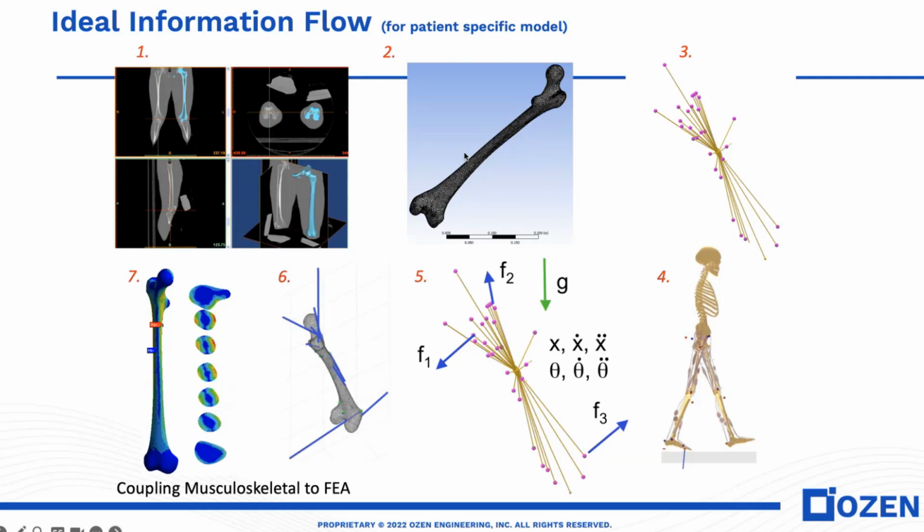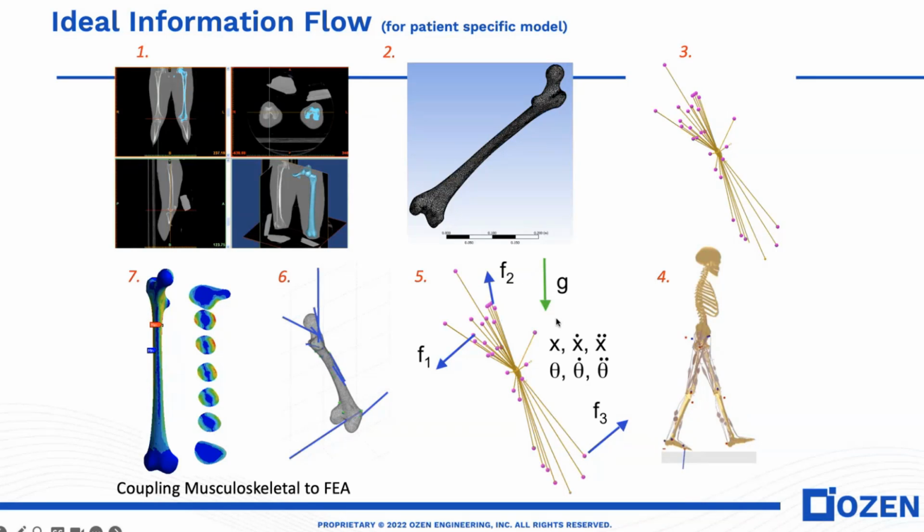Then from there, we go to the finite element model where we actually mesh the bone geometries. We can mesh the full skeleton, or we can mesh parts of it. Then we specify the boundary conditions on the bones, and then we run the musculoskeletal model and bring in the loads from there.